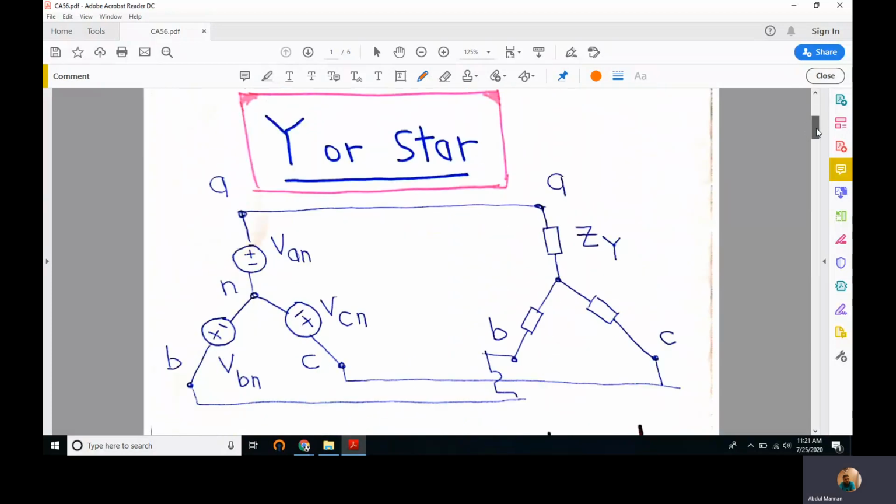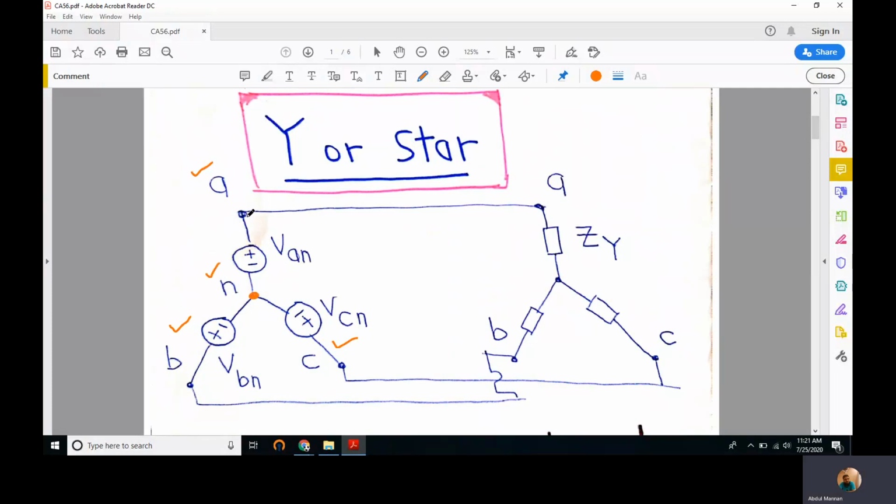A Y or star type connection has three phase voltages A, B, and C, and we call them VAN, VBN, VCN. All these voltages are measured with respect to a common point. We call it the neutral point. N stands for neutral.